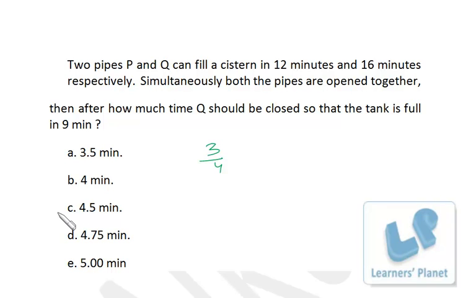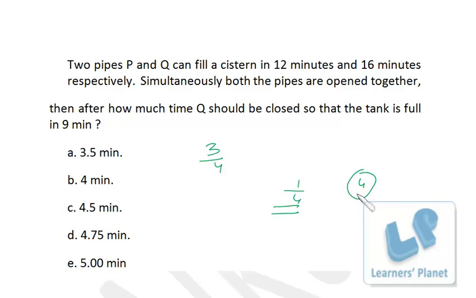That means tap P is working for 9 minutes, then it can fill up 3/4 of the tank. That means the remaining 1/4 of the tank has to be filled by Q. Tap Q takes 16 minutes to fill up the tank. That means 1/4 tank it can fill in 4 minutes. Isn't it very simple?